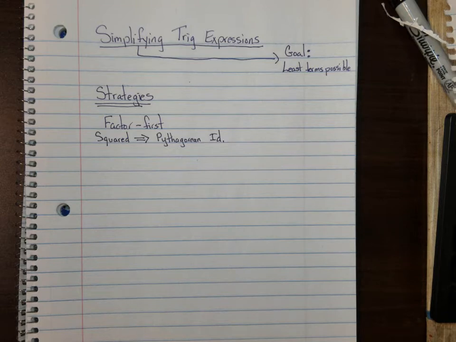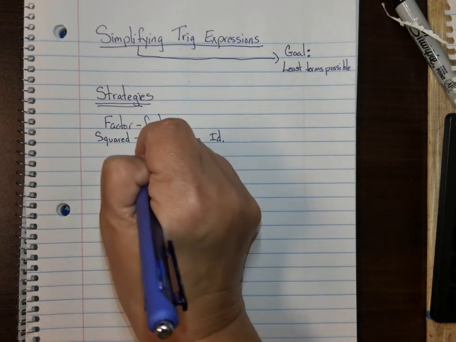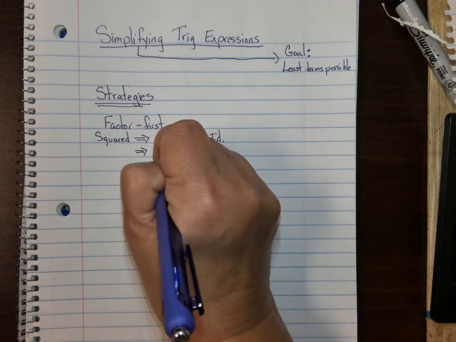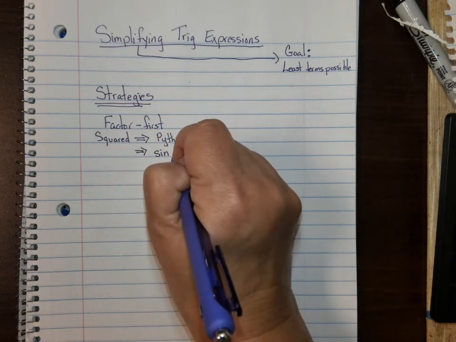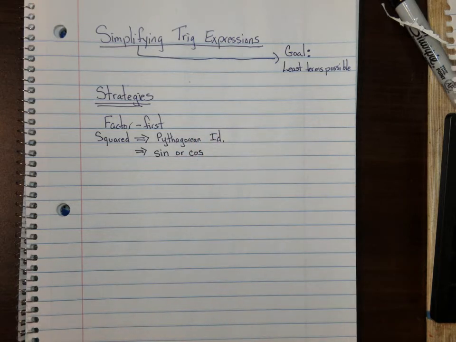And then as you're simplifying, if you take whatever stuff you have and try and write things in terms of sine or cosine, that is going to move you towards simplifying your trig expressions. Okay, so these are our strategies.